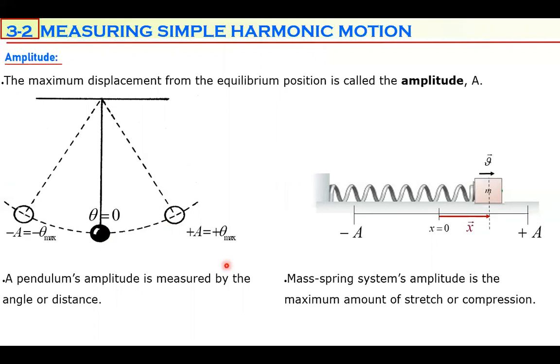Positive A, positive theta maximum, negative A, negative theta maximum for the simple pendulum. Positive A is positive x maximum, negative A is negative x maximum for the mass spring system. But it's the maximum displacement from equilibrium position, which is the definition of amplitude.